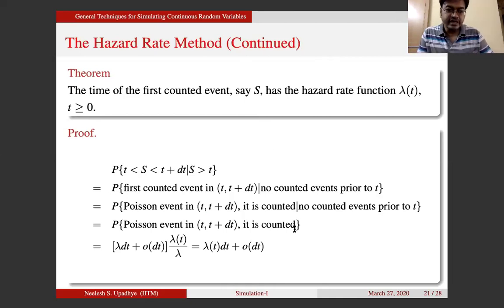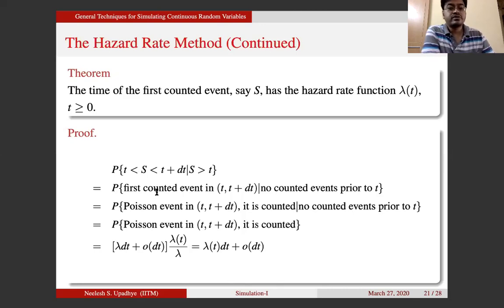So the probability that the Poisson event happens is lambda times dt plus o(dt), and independently we choose whether it is counted or not with probability lambda t by lambda. Now if you do the appropriate calculations, this means the probability that in the interval t to t plus dt, S will take a value is lambda t dt plus o(dt).